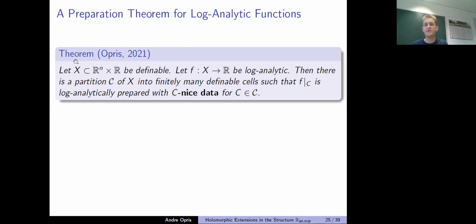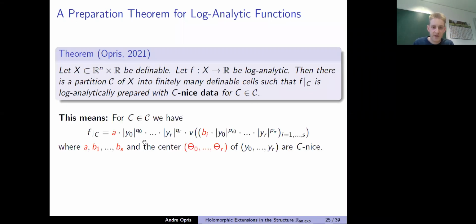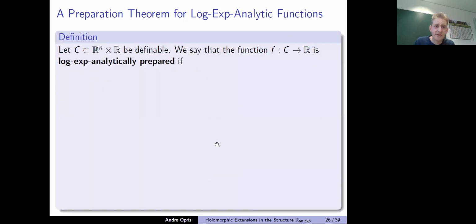Here we have a log-analytic function, and then I find a partition C of X into finitely many definable cells, such that the restriction to C is log-analytically prepared with C-nice data for C in C. This means that the coefficient and the base functions for the center theta of this logarithmic scale are C-nice, as I defined above.